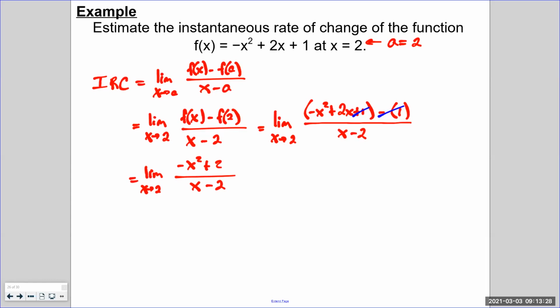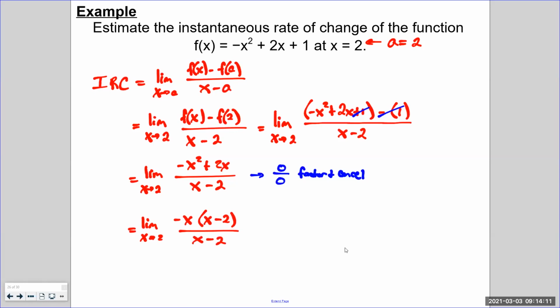Now, if we were to do direct substitution here, we would end up with 0 over 0, which means we need to factor and cancel. So that means I can rewrite this as the limit as x approaches 2 of negative x times x minus 2 over x minus 2.